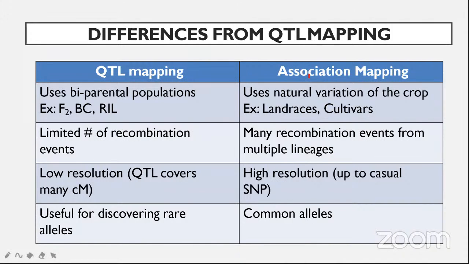QTL mapping has low resolution and the QTL only covers a few centimorgans. Whereas with association mapping, if you use the right amount of markers, you can get close to even 10 to 100 base pairs of the gene or marker responsible. QTL mapping is useful for discovering rare alleles, whereas association mapping is for common alleles. With association mapping, we cannot identify rare alleles.